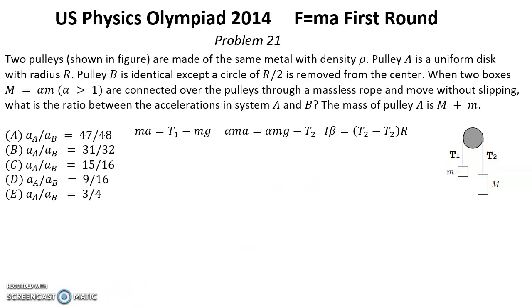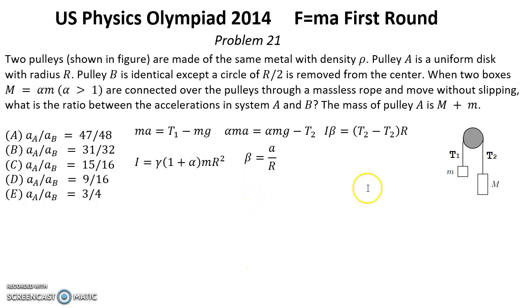Suppose that I equals this expression. Here, 1 plus alpha times small m is the total mass of this pulley, R is the radius, and gamma is a coefficient which is different for the two cases, the solid pulley and the pulley with a hole. We will count them later.